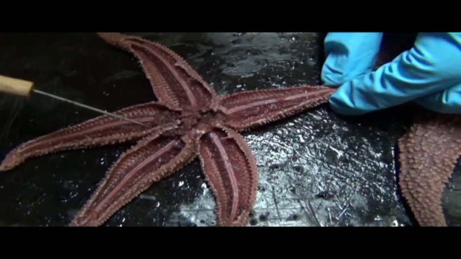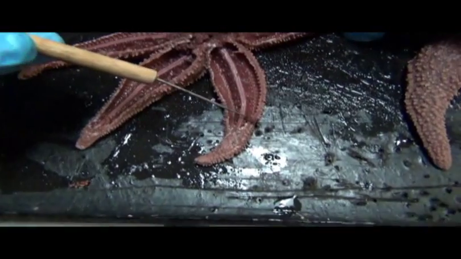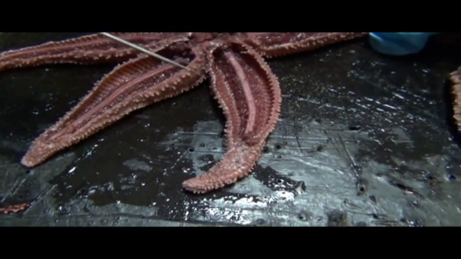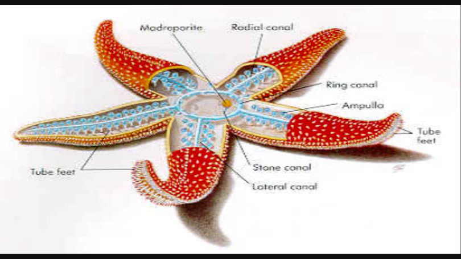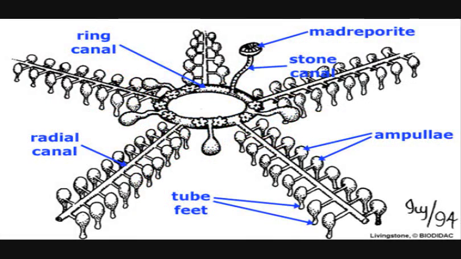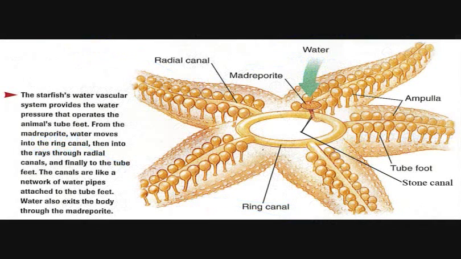But the thing I do want to highlight here is that we can start talking about the water vascular system that is unique to the echinoderms. What is the water vascular system? Basically, it's its hydrostatic skeleton. It's the set of plumbing that is connecting all the different parts of this animal that can make it move, make it rigid, make it do what it does to basically earn a living.